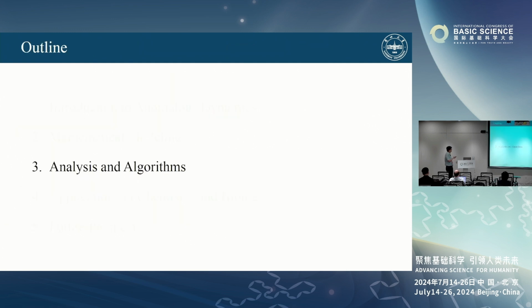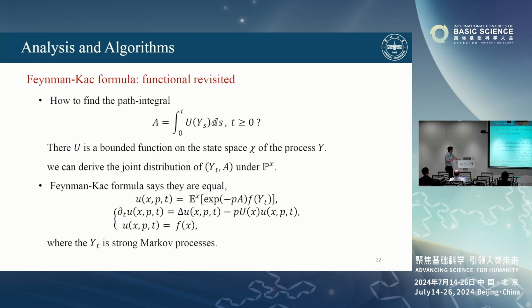And so now we turn to analysis. Firstly, probability analysis, stochastic analysis. We can use the Feynman-Kac formula to analyze this. This is a well-known result for stochastic processes.